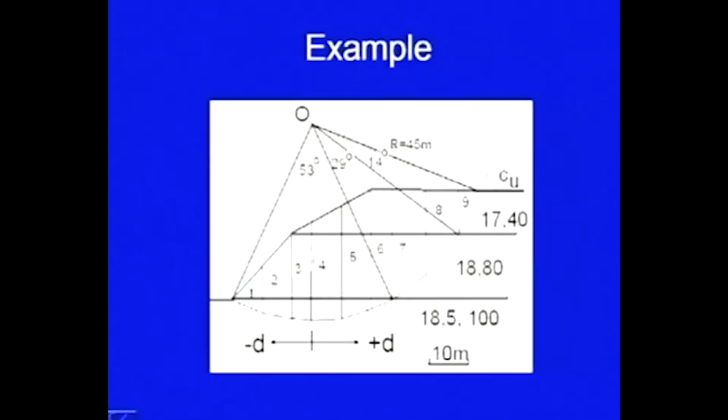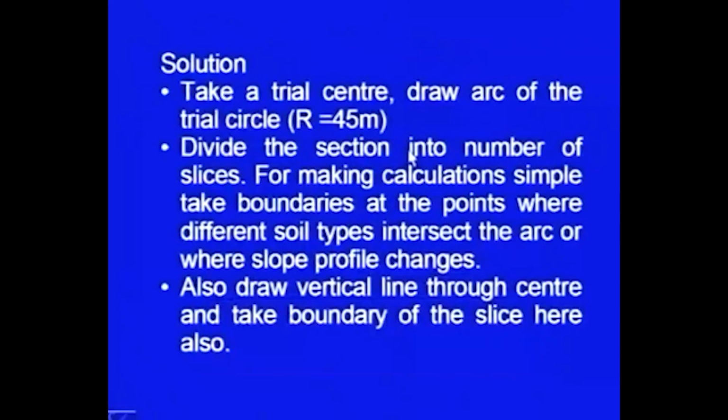So, we have taken a trial circle here, center is O and radius of this circle is 45 meter. So, solution is take a trial circle, draw arc of the trial circle and we have measured it, it is 45 meter. Divide the section into number of slices.